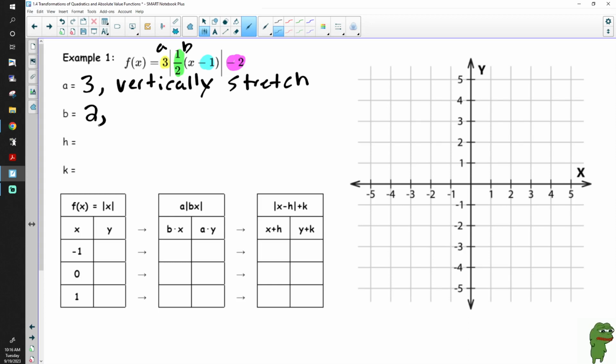Yep. Greater than 1. 2 is greater than 1, so it would be a horizontal stretch. B value, horizontal stretch. B is greater than 1.